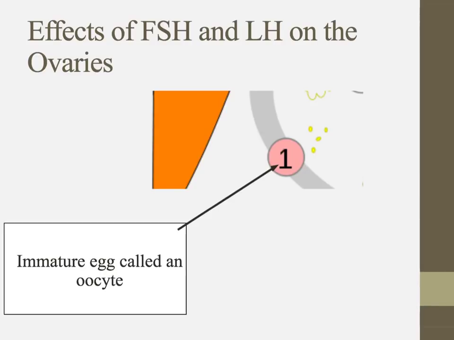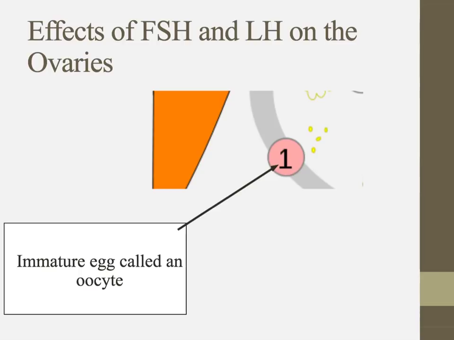We're going to begin with the immature egg called the oocyte. Yes, that's the correct spelling. Cyte meaning cell, oo referring to egg, so this is the immature egg cell. It's important to know that women are born with all of the oocytes that they are ever going to have. And then each month, one of these oocytes will finish its meiotic divisions and become a mature egg.